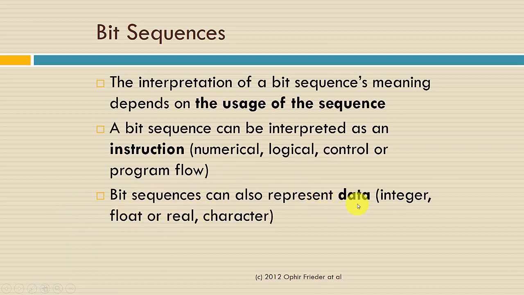So what do these things mean? Well, an integer is a number without a decimal point. It's just a whole number, as you probably learned in math classes. A float, a real number, is one that can include a decimal point, and a character would be really anything that you can see on your keyboard that you can type, and even things beyond that.